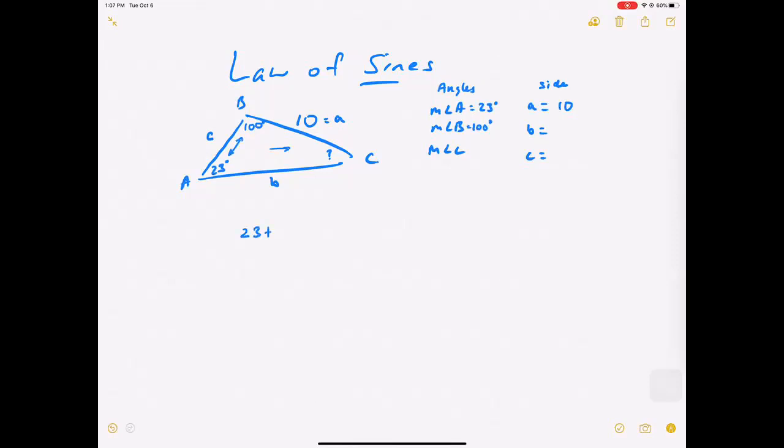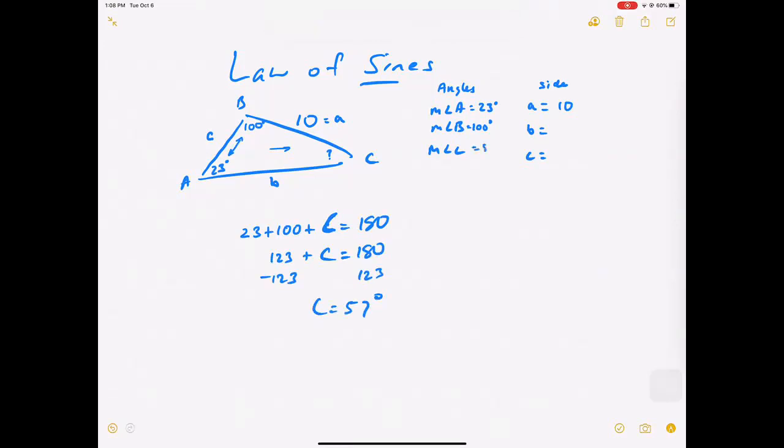So 23 plus 100 plus big C is equal to 180 degrees. 123 plus big C is equal to 180. Subtract 123. C is equal to 57 degrees.